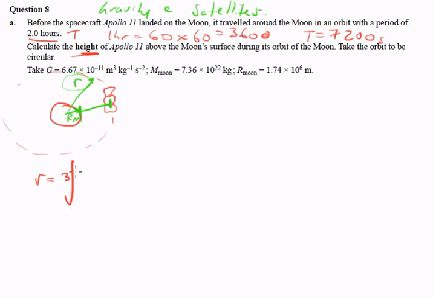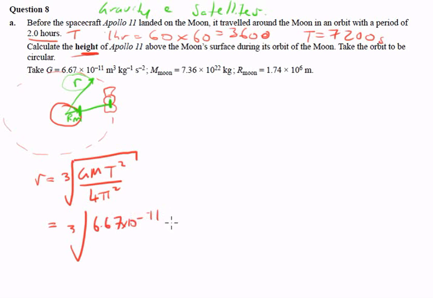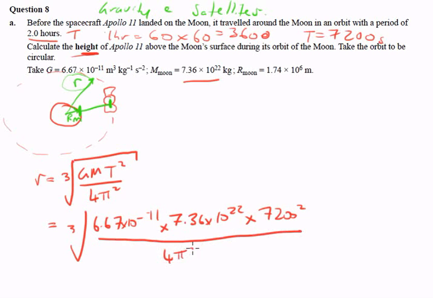So r equals the cube root of GMT squared over 4 pi squared, which in this case equals the cube root of G, which is 6.67 by 10 to the minus 11, by the mass of the moon, which is 7.36 by 10 to the 22, by the time period we worked out there, 7,200 squared, over 4 pi squared, cube rooted of all that.